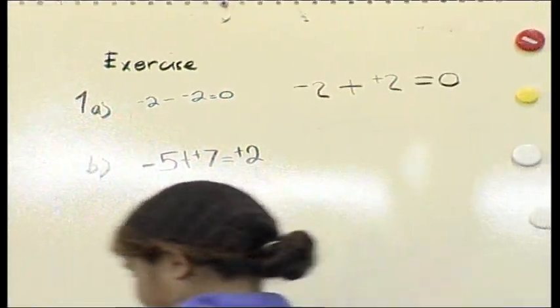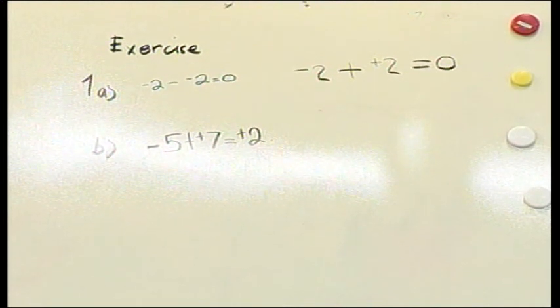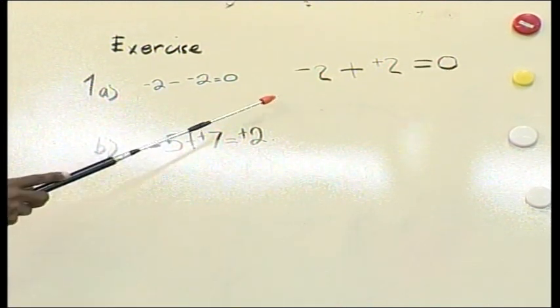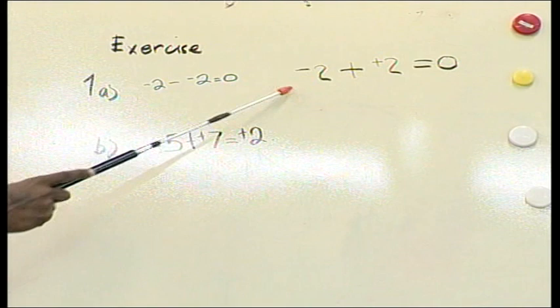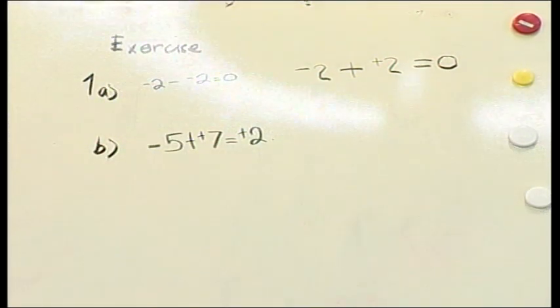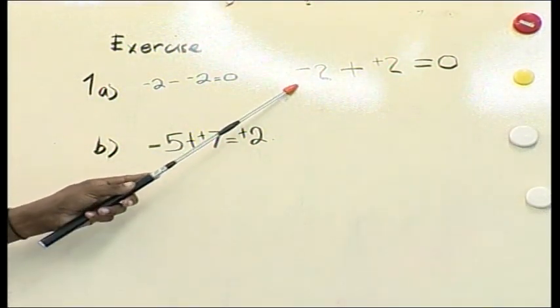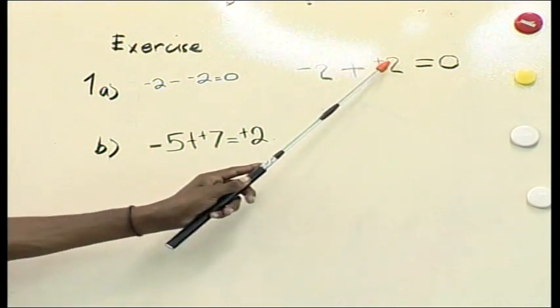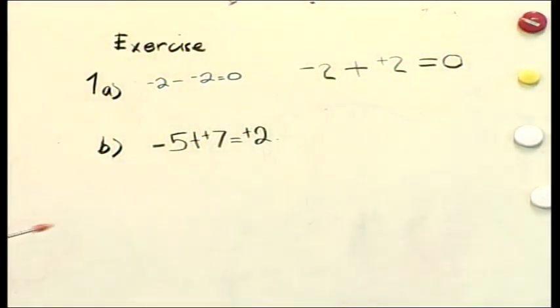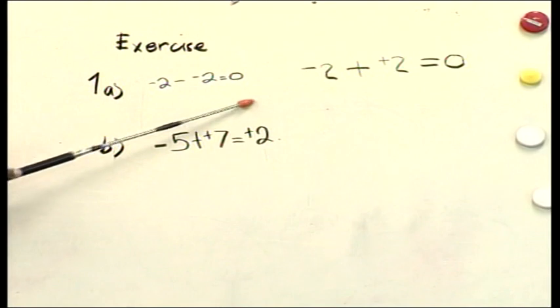Thank you, sir. Yes, this is the correct one, receiving students. So the correct one is negative 2 plus positive 2 equals 0.